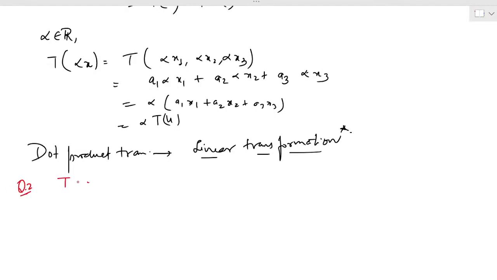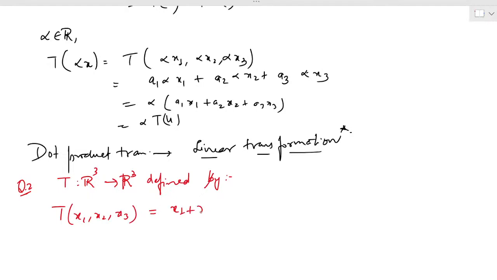We have to show that the map given by R cube to R cube, defined by, let's say, T of x1, x2, x3 is equal to x1 plus x2 minus x3, comma, 2x1 minus x2, comma, x2 plus 2x3.